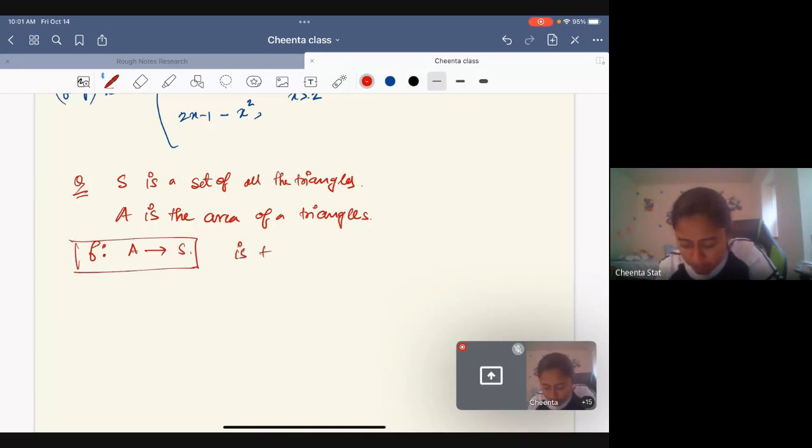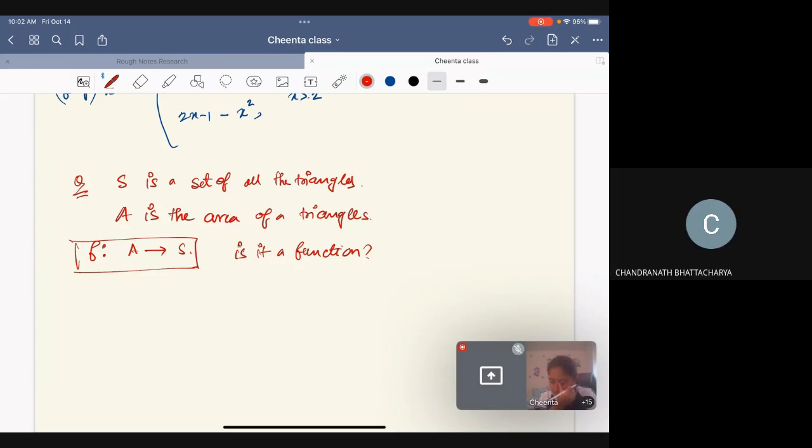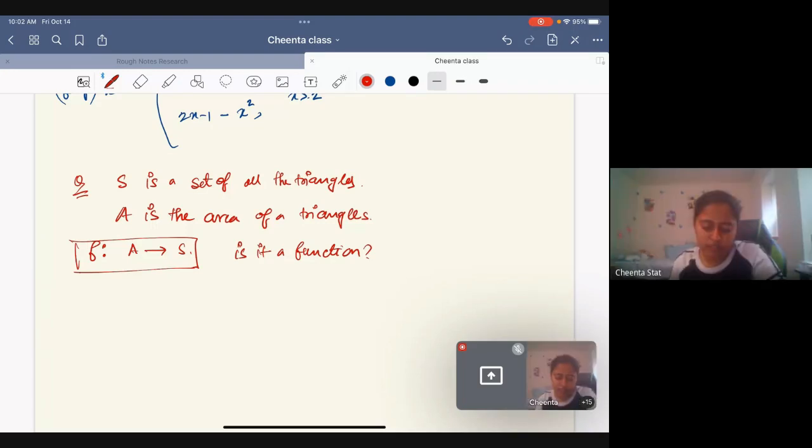Is it a function? Palaniappan, what is your answer? Ma'am, what is the definition of the function? I have mentioned it now. From the set of areas, we are trying to find the set of triangles.